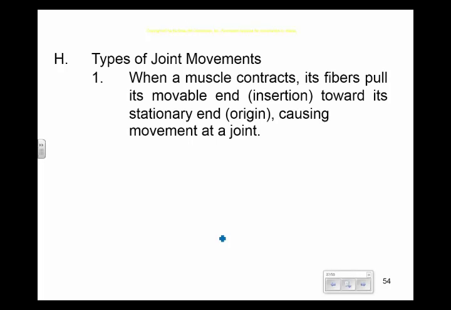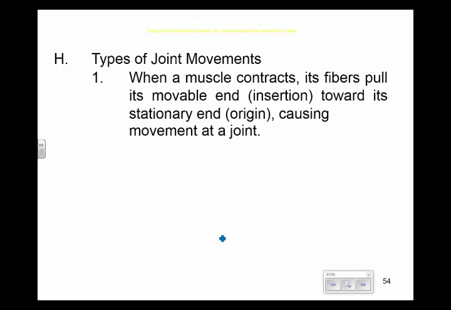Now, when we talk about moving those joints, we said that there's usually a muscle that will span a joint. So there's our joint, the pivot part, and then we've got two bones that we're joining, and the muscle is going to span that joint. So when we contract that muscle, it's going to produce action at that joint. Now, when a muscle contracts, the muscle may have been, say, this long to begin with, and here are all the different muscle fibers inside of it.